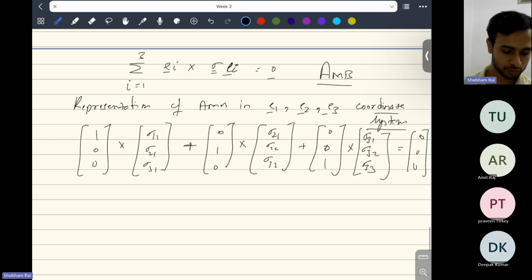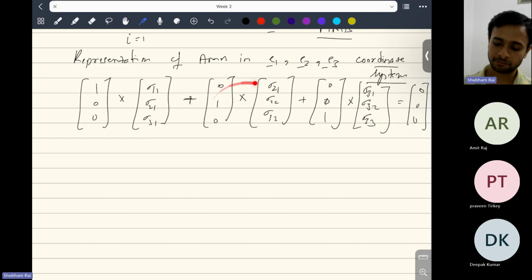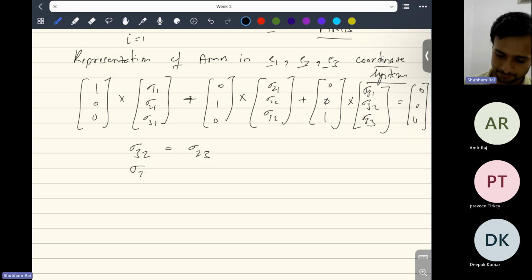If you solve these equations, firstly you have to do the cross product between two vectors, which you already know, and so this will be a vector, this will be a vector, this will be a vector. So you will obtain three equations now because these are three rows. If you equate those three equations to 0, finally you will obtain that sigma 32 is equal to sigma 23, sigma 31 is equal to sigma 13, and sigma 21 is equal to sigma 12.